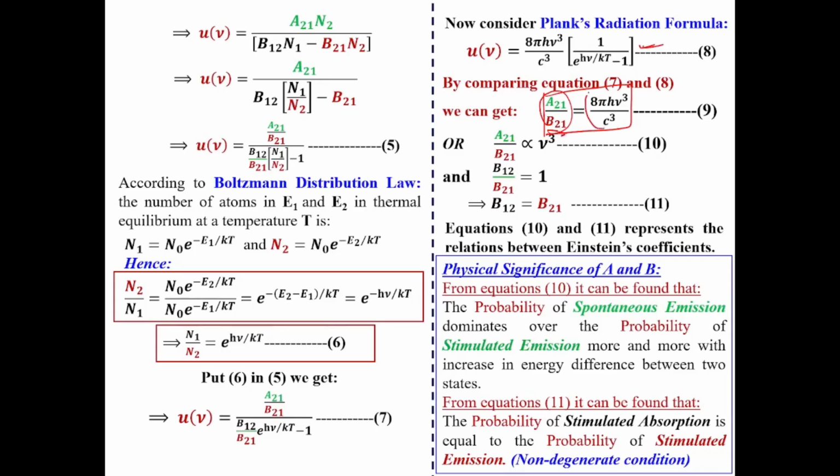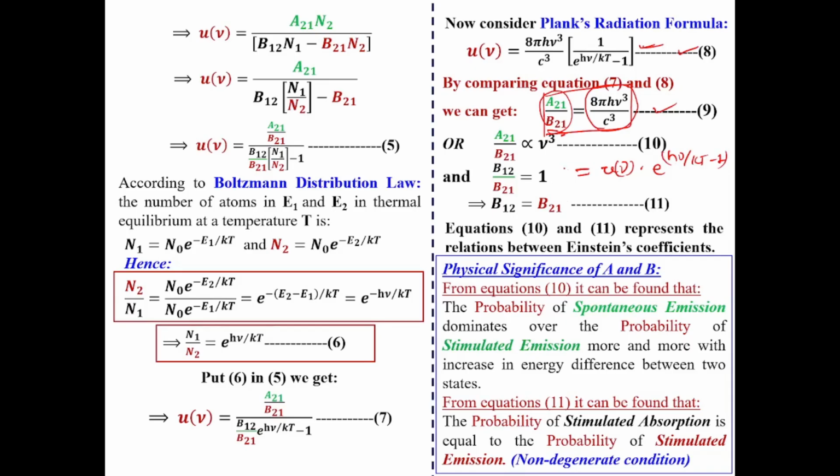A21 by B21 is equal to how much? This value. Just compare equation 9 and equation 8. So 8 pi h mu cubed by c cubed can be written as U mu into this much, e to the power h mu by kT minus 1, right?